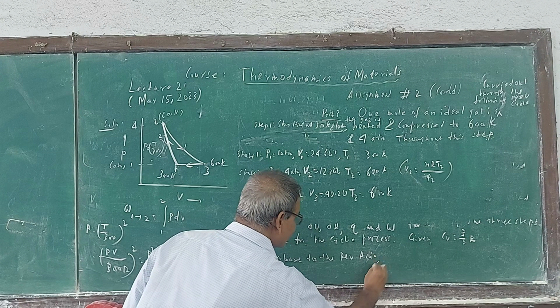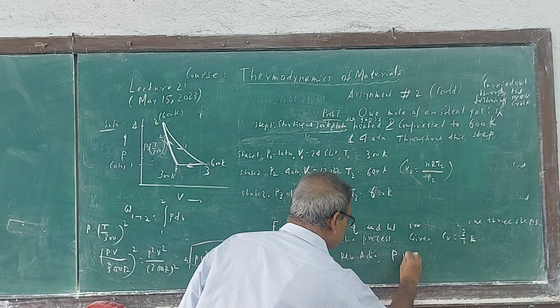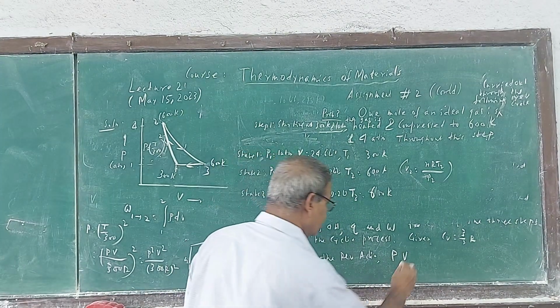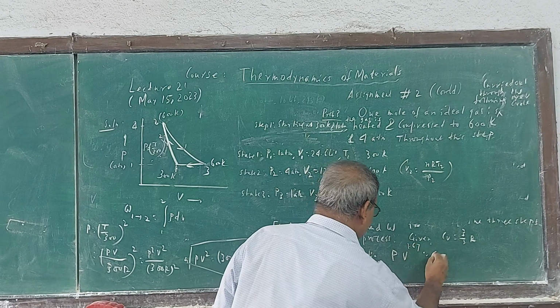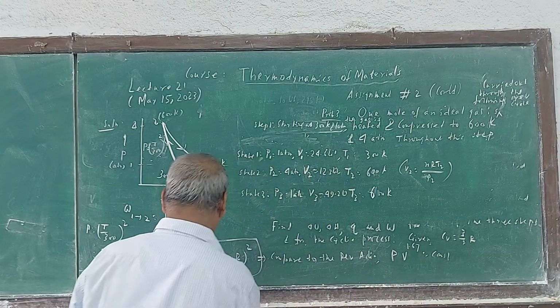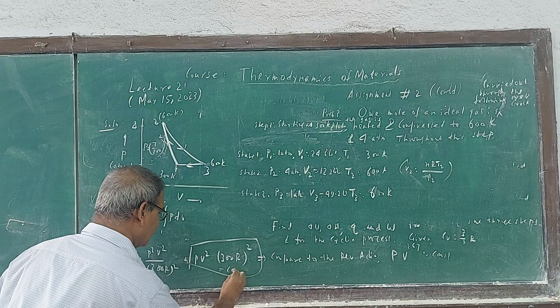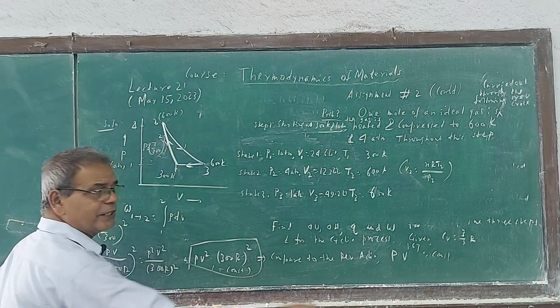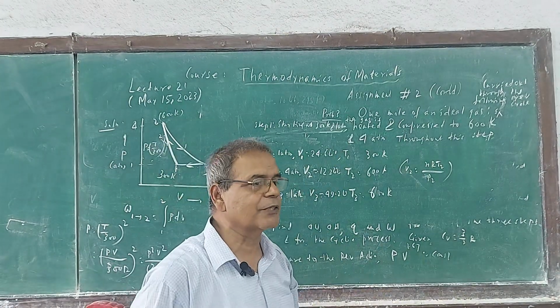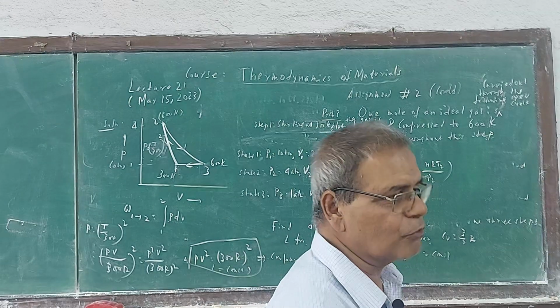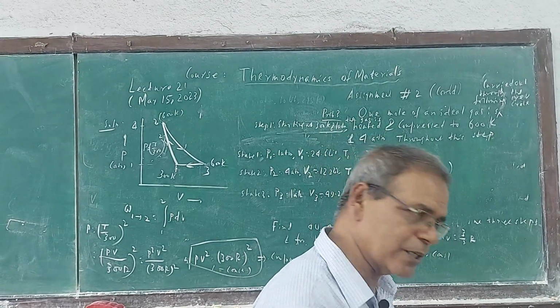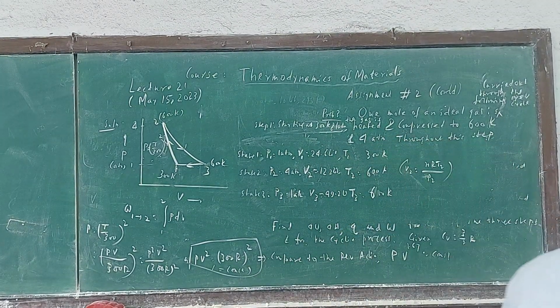What is that equation? Tell me. PV to the gamma, gamma is 1.67, is constant. You might write constant here. So PV square is constant, PV to the 1.67 is constant. It is not adiabatic, and not to speak of isothermal, constant pressure, constant volume. So this is a totally new path.